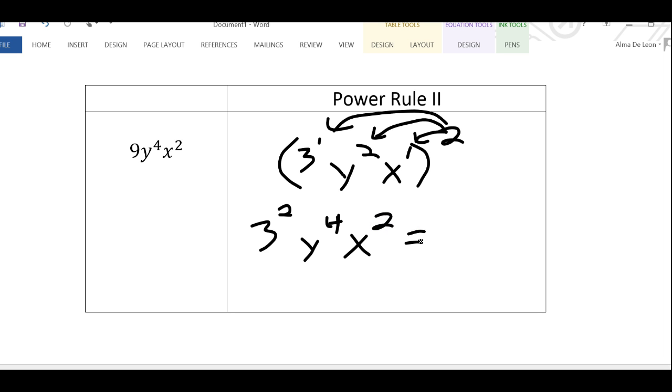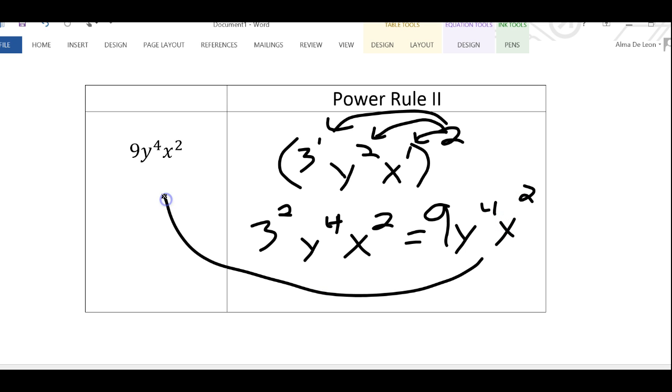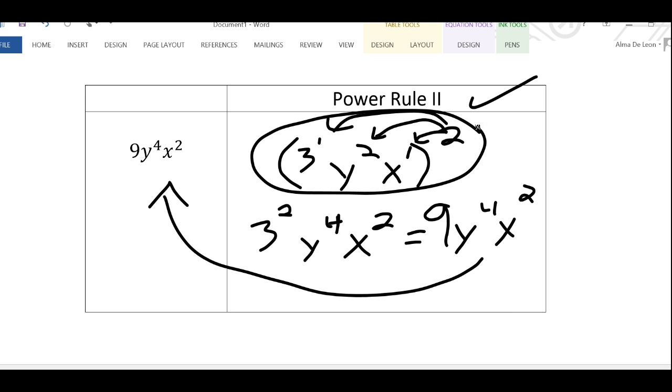That is the same thing as 3 squared is 9, times y to the 4th, times x squared. So again, I ended up with the solution 9y to the 4th x squared using the power rule. So this is the problem I used, and it works.